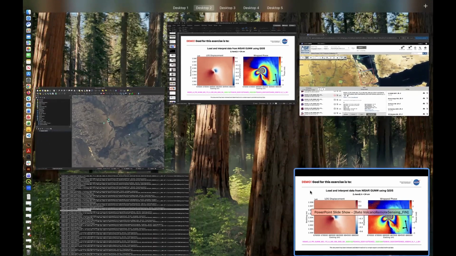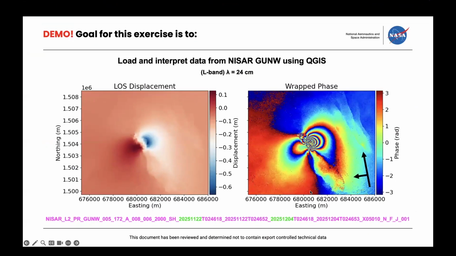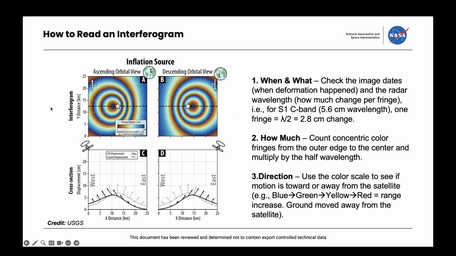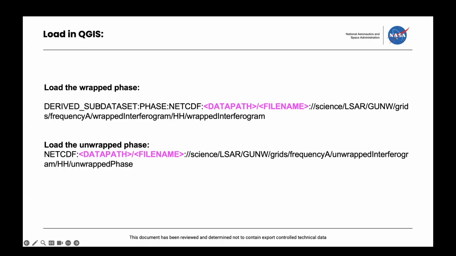There are two things we want to load or visualize: the wrapped phase and the unwrapped phase. To load the wrapped phase, it's a complex product, so we need a driver for that. You need to remember this script: derived underscore subdataset.